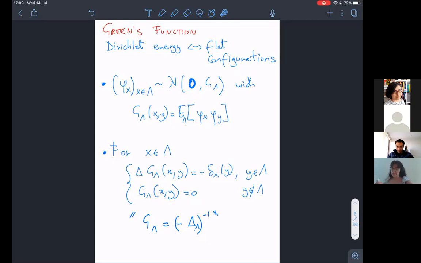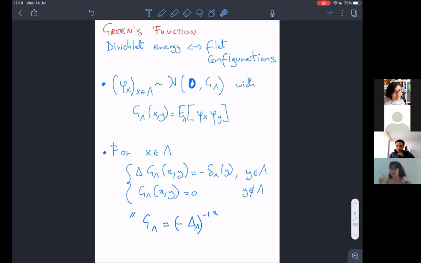And the covariance matrix, which I'm going to call G lambda, solves a discrete boundary value problem. So for every x in lambda, the G lambda xy essentially inverts delta, or actually I should say minus delta, inside the lambda, and is 0 for every point which is not in lambda.